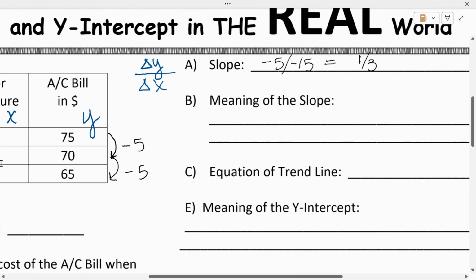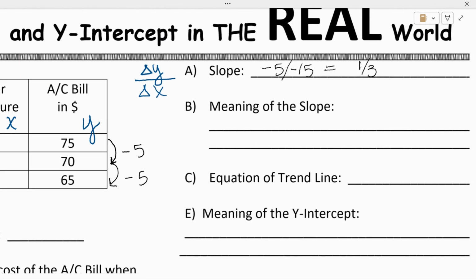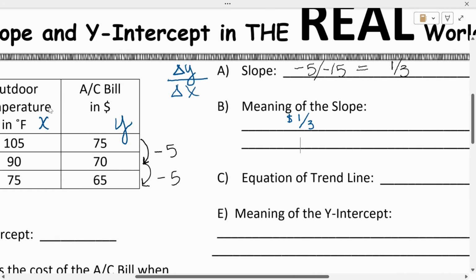So what does that mean? Now remember, this is the y coordinate, which represents money. So I'm going to write $1, and the x coordinate represents degrees, right? Degrees Fahrenheit. So what's happening?